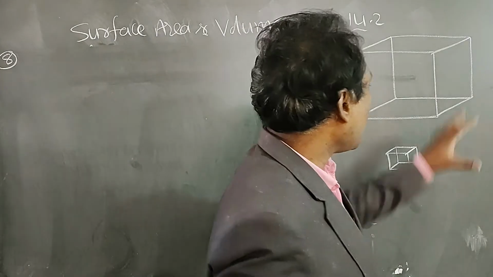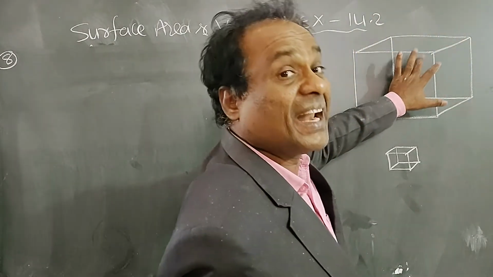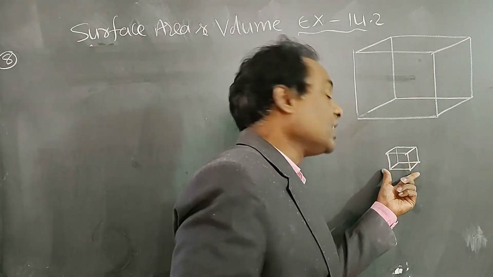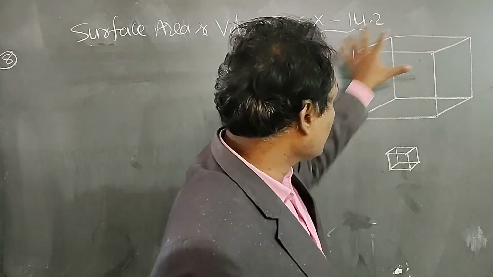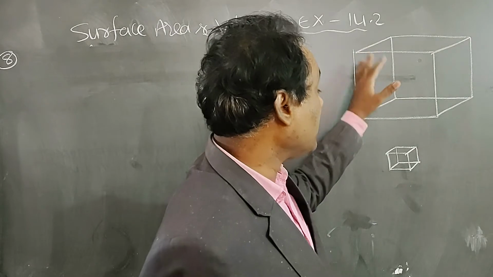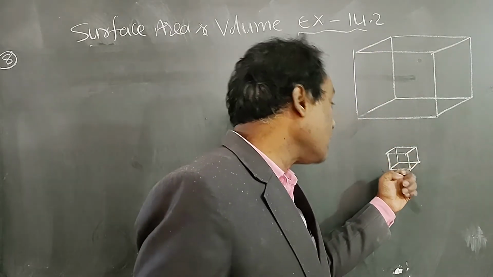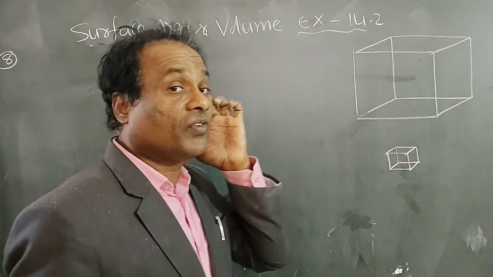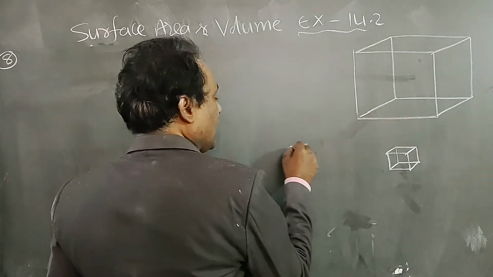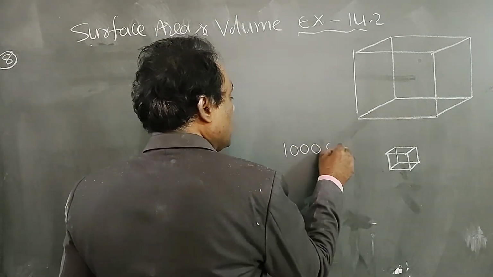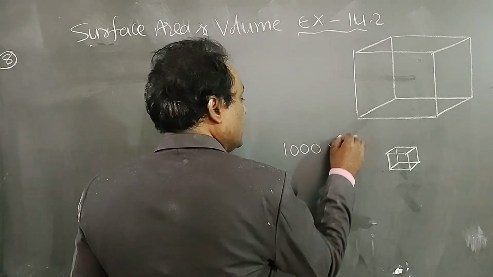Now, how much material we have and how much material is required for one cube, that we will calculate. If you divide the total amount of material by the material required for one cube, then we will get the number of cubes. See here, suppose 1000 cubic meters material is available.